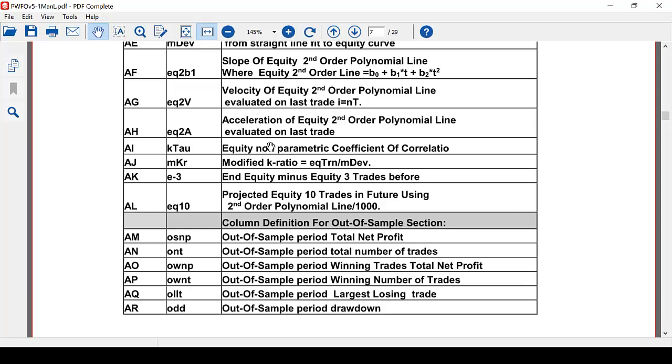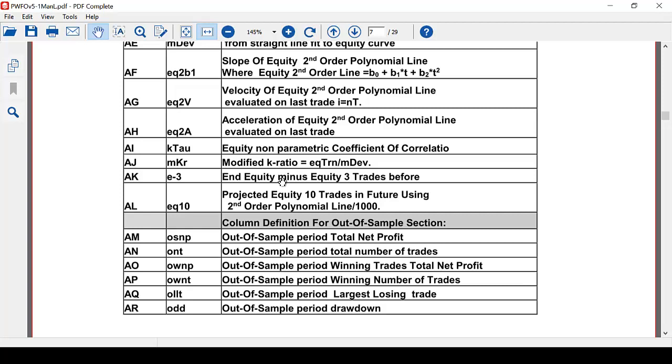What it does is basically measure how close a line fits to the equity curve. It could be a curved line, it could be a straight line. Modified K ratio is just the equity trend divided by the median deviation. E minus 3 is the end equity minus equity 3 trades to go.